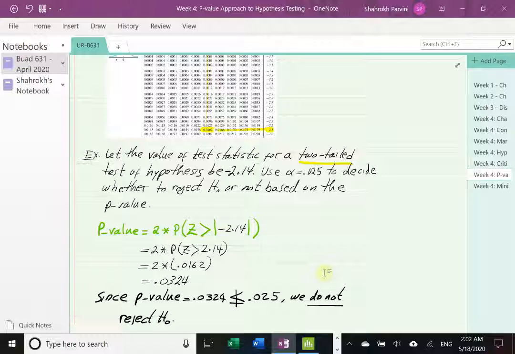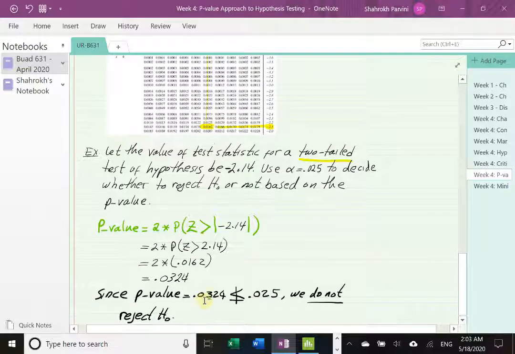So that's the risk we're willing to assume. It gives you the risk of rejecting the null in error. Our p-value is 2 times the probability of z greater than the absolute value of that. Again, from the table, I found this number to be 0.324. Remember, the alpha was 0.25. Now, 3% is bigger than 2.5%, right? Because it's larger, we do not reject this null.